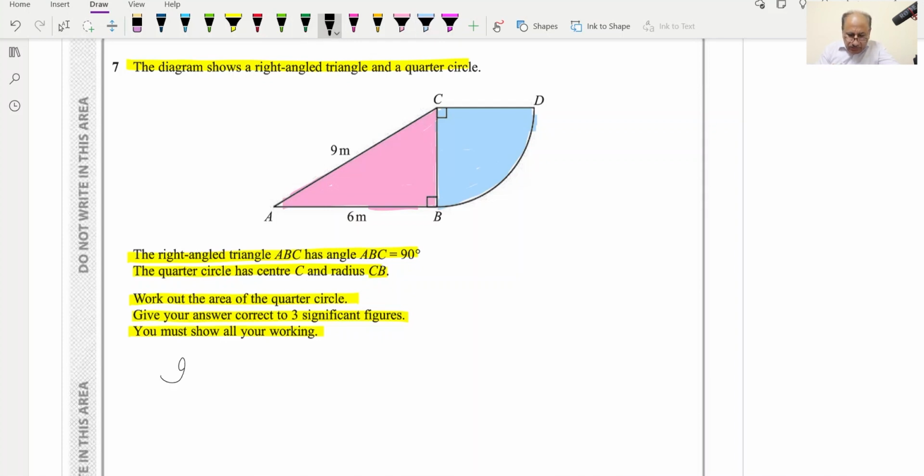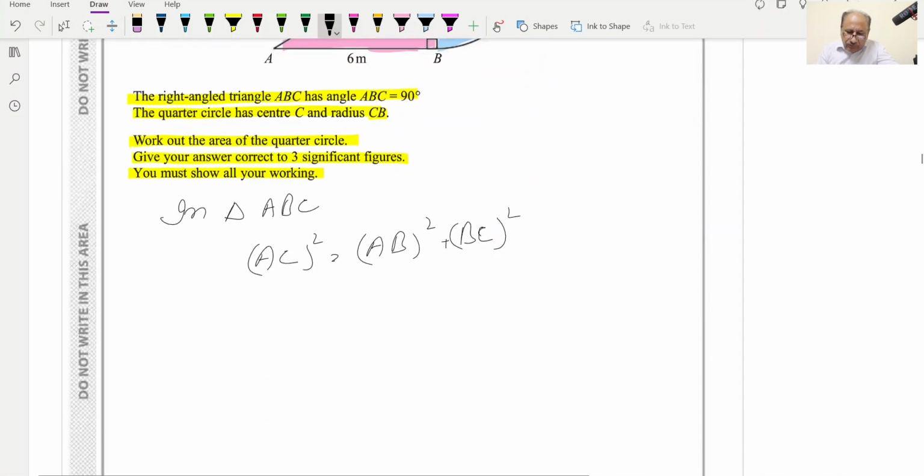We will write in triangle ABC, AC squared is equal to AB squared plus BC squared. So the hypotenuse squared is equal to the sum of squares of the other two sides.